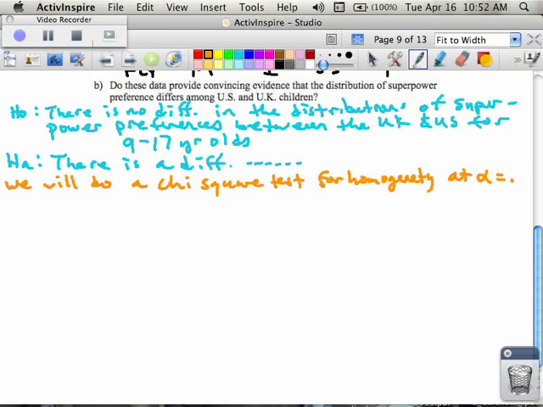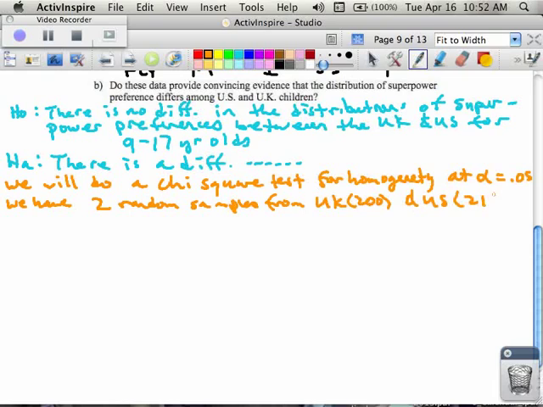No. Alpha equals 0.05. We're always going to use 0.05 unless they tell us. We have 2 random samples from the UK, which was I think 200 if I remember, and the US, which was 215.